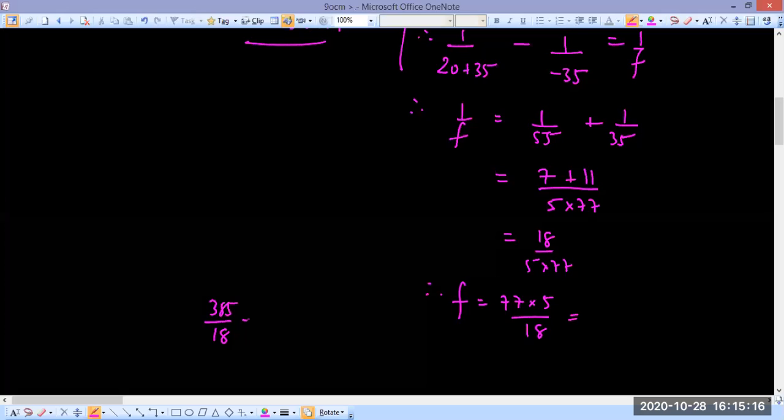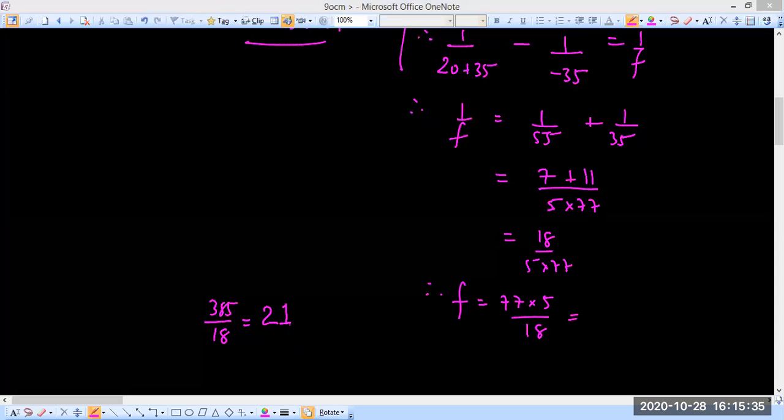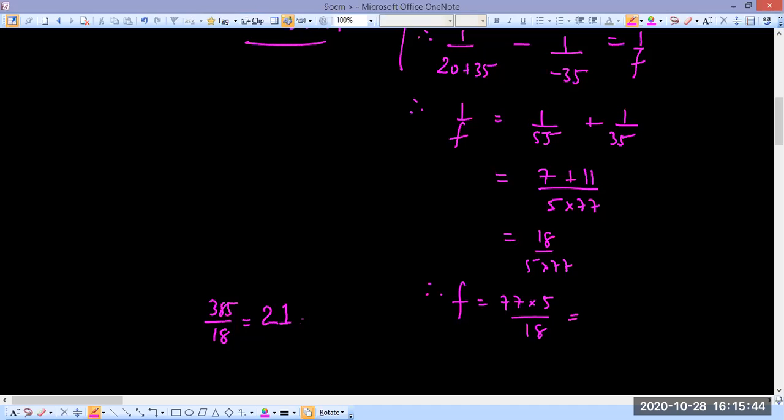So 18 2s are 36, 21 remaining, 25. Something like this comes. Right? At least I'm getting the first two digits. Then 18 3s are 54, so 70 is remaining. So yes, 3 3 it will come exactly like that. 21.33, correct. Okay.